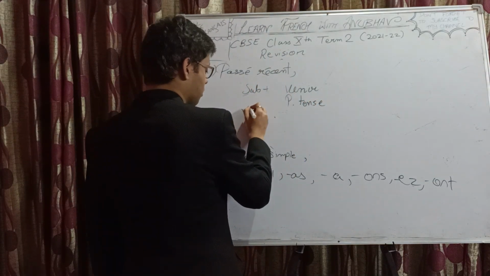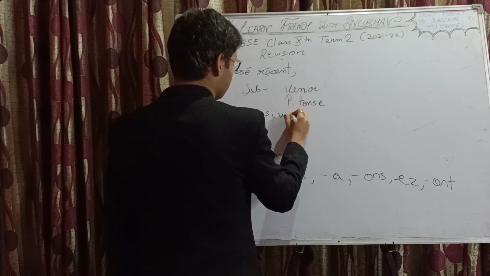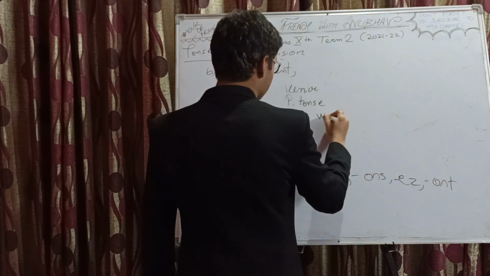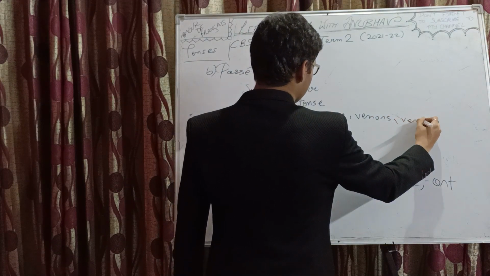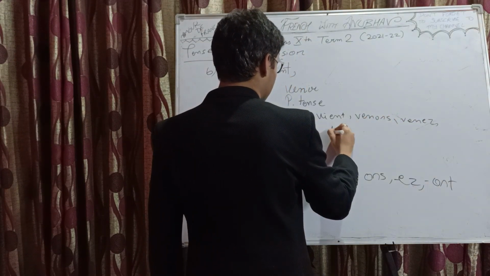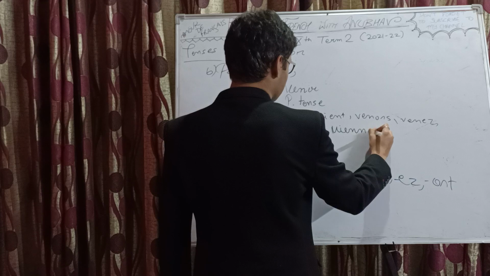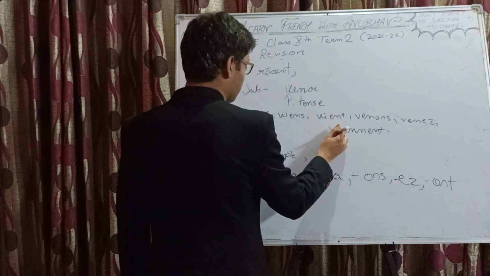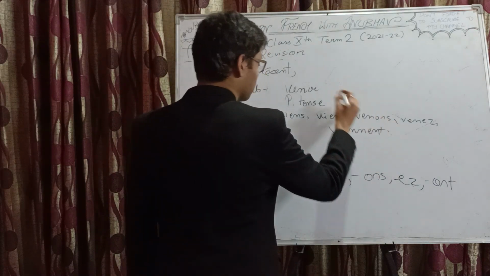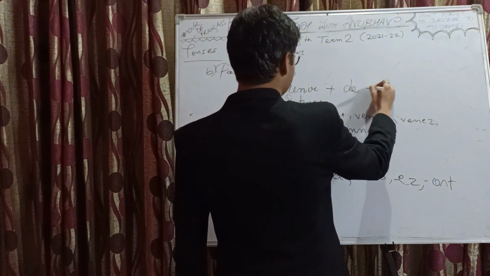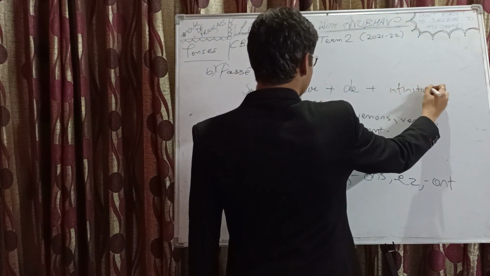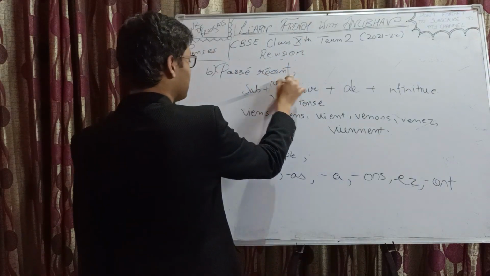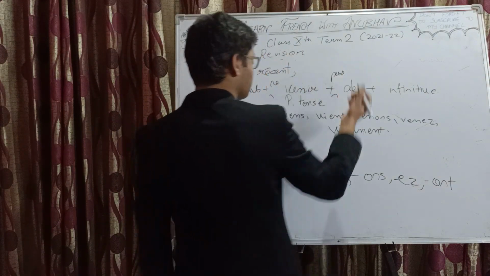Je viens, tu viens, il elle vient, nous venons, vous venez, ils elles viennent, double N E N T. Okay, right. Plus de plus infinitive. This de will become d' if the infinitive begins with a vowel. If there is negative, then ne here, and then pas here. Simple.